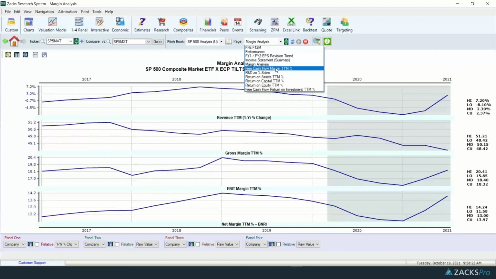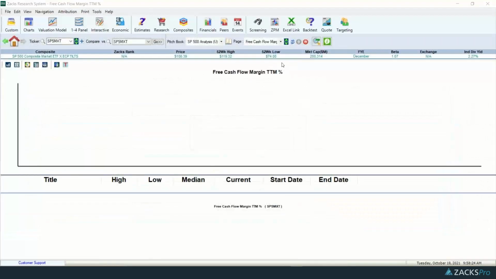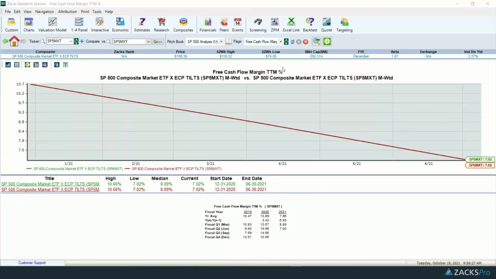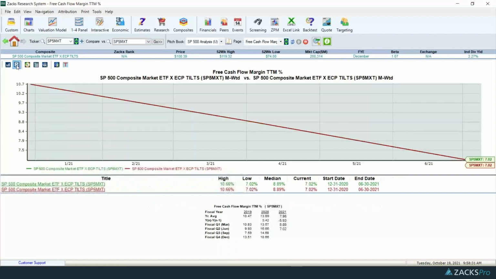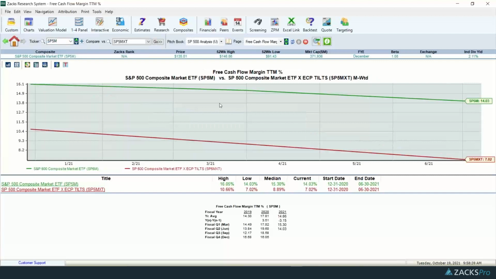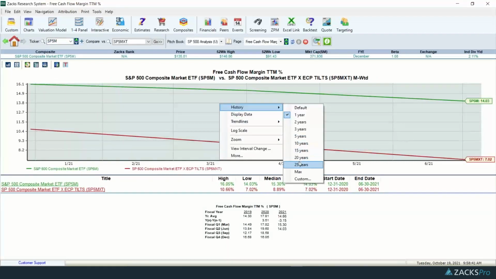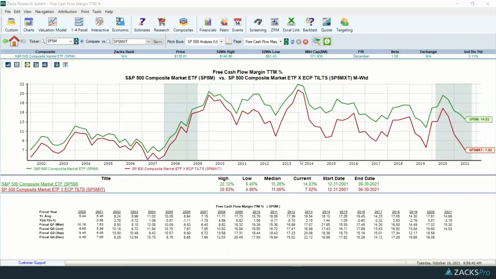Interestingly enough, we look at free cash flow margin, right? So this is going to basically just be free cash flow margin, and I'm going to make this absolute. And right now I've got the SP5M XTilts relative to itself. So we'll switch this, and I'll make this a 20-year chart.